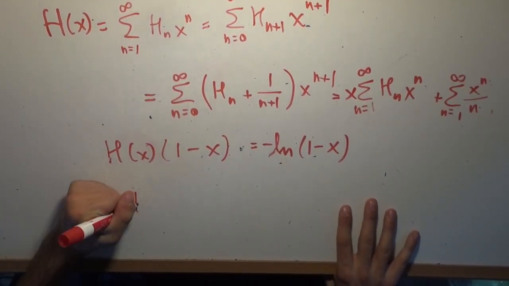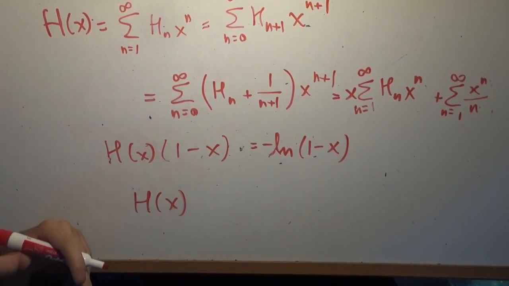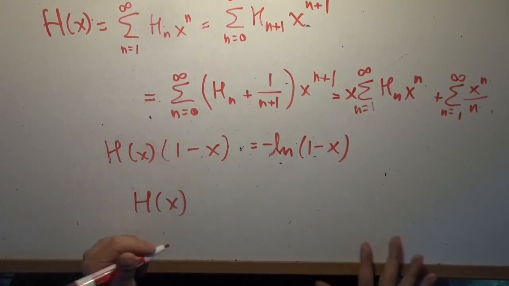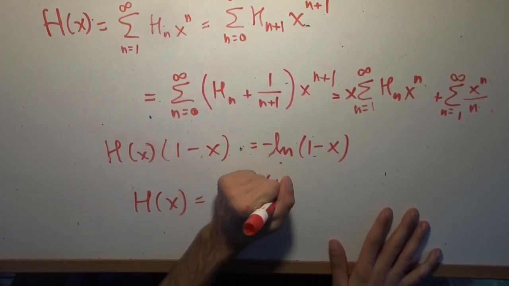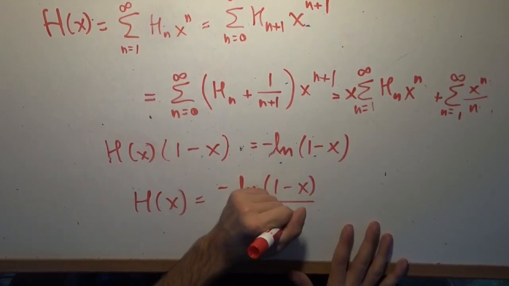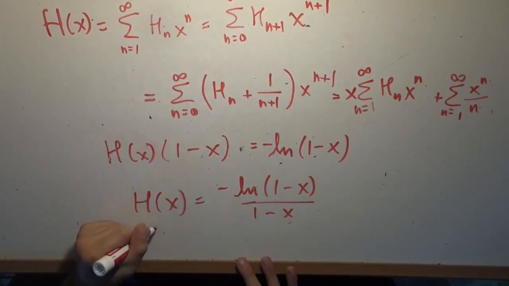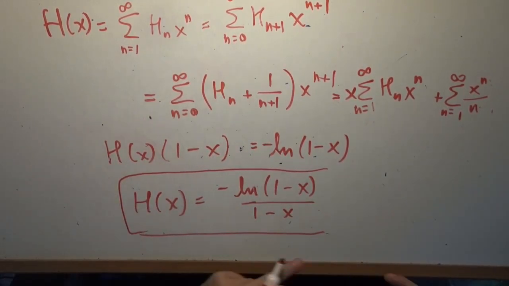So the generating function for the harmonic series, the function whose Taylor series has the harmonic numbers as coefficients, is equal to negative natural logarithm of 1 minus x divided by 1 minus x. A very, very lovely function. And just as a simple little manipulation, we can make this look cool.